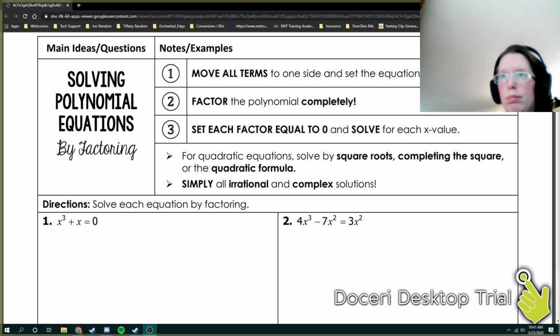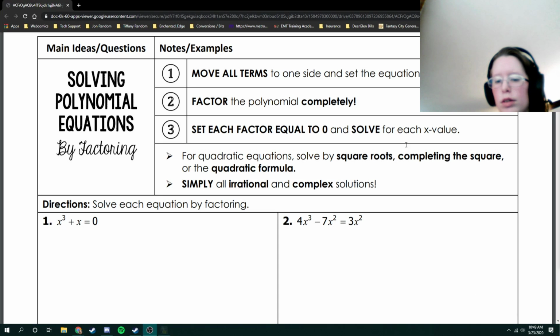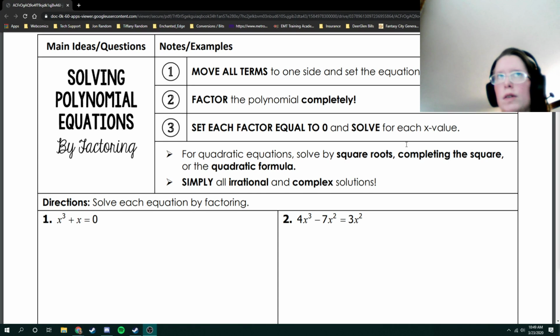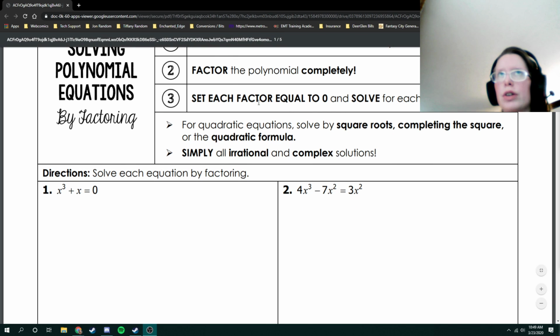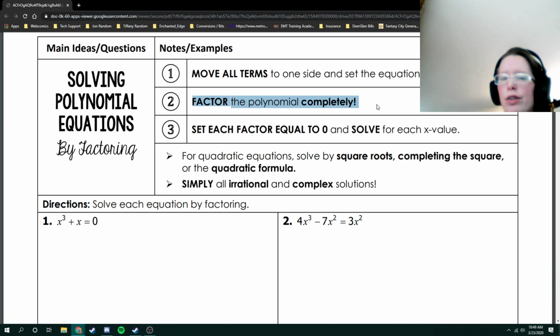So our goals are to move all the terms to one side to set the thing equal to 0, factor it as completely as we can, hence why we did factoring last week, set each factor equal to 0 and solve for x.